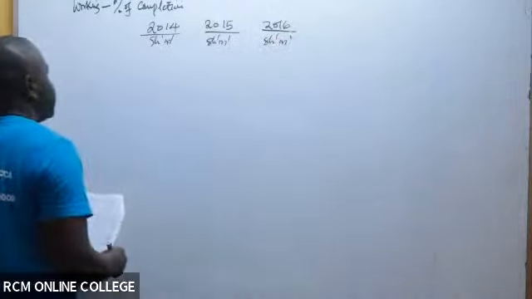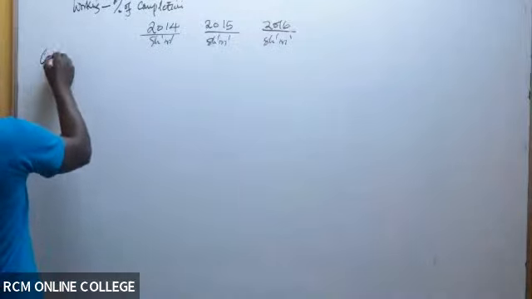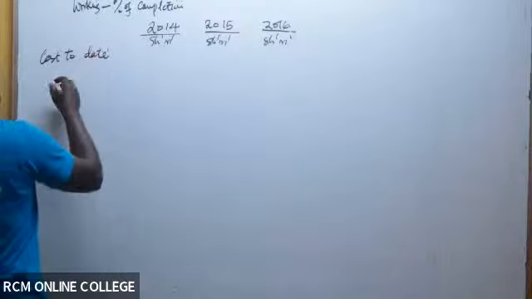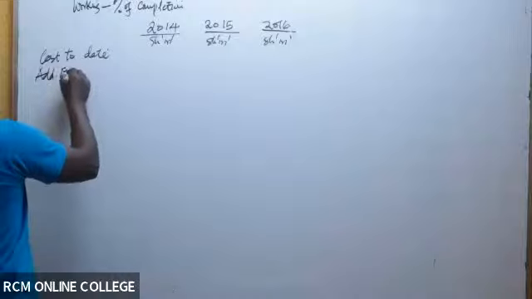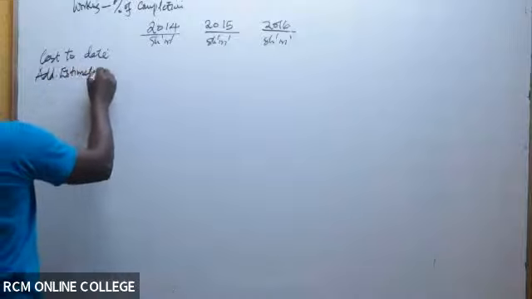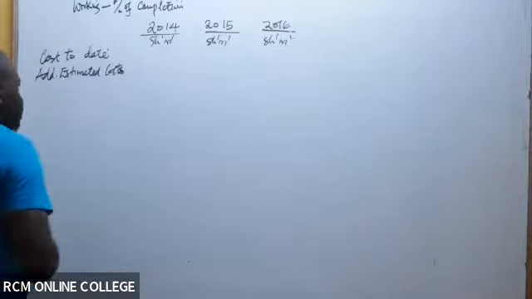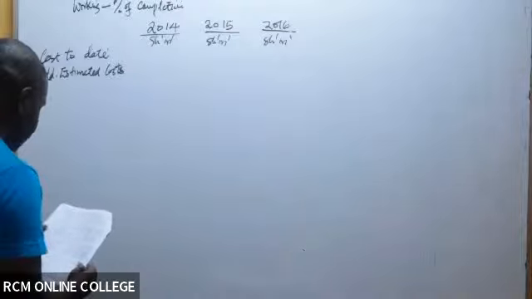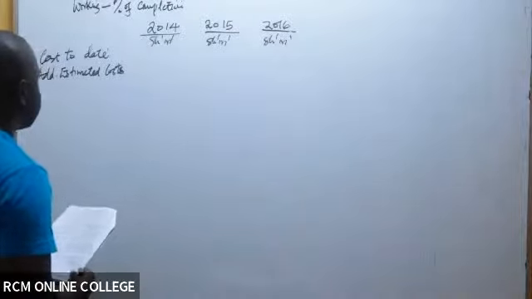So to get the percentage of completion, you take the cost to date, then you add any additional estimated costs to completion of the contract.